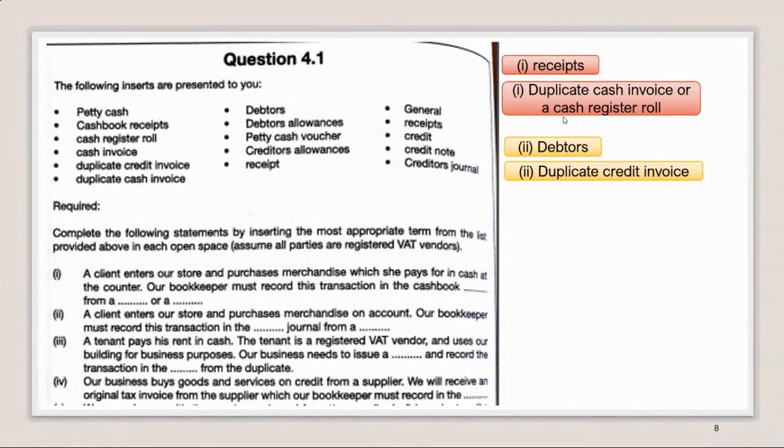What document would we issue our tenant to show what they need to pay and that they've actually paid it?